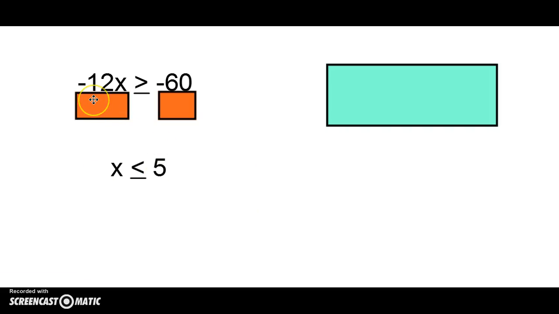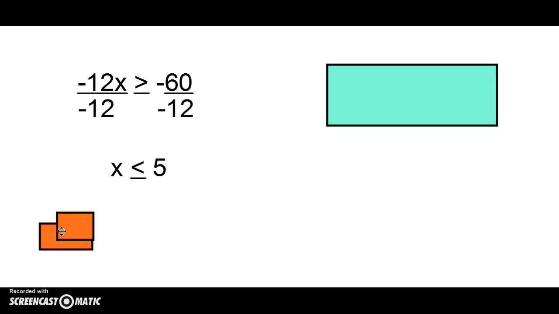Here we have a negative 12 times x. We want to get the x alone, so we have to divide by negative 12. Now this becomes a 1, so we have just x alone. If we divide this side by negative 12, we have to divide the right by negative 12.